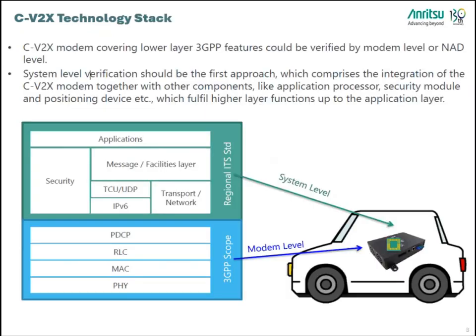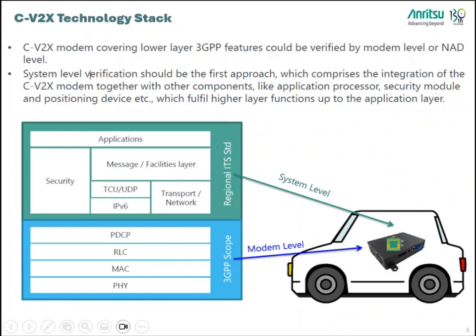So when we come to the technology stack of CV2X, obviously when we are talking about cellular based, it will be driven by the 3GPP spec, which defines all the lower layer protocols like the physical layer, MAC, RLC, PDCP, and on top of that layer we have the PC5 communication also, which governs the PC5 communication, and the lower part will govern your cellular based technology.